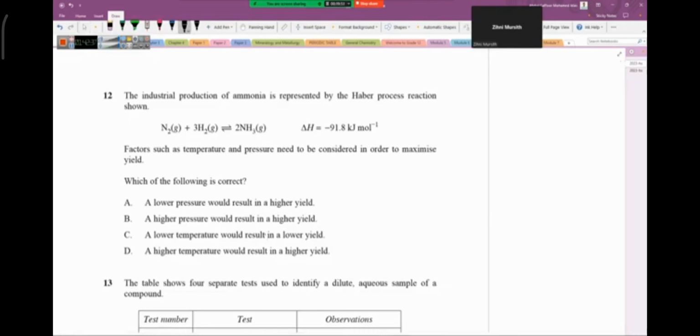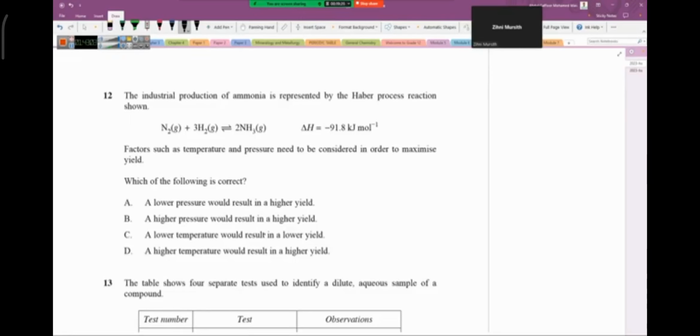So the industrial production of ammonia is represented by the Haber process reaction shown, right? Industrially we produce ammonia using the Haber process. Factors such as temperature and pressure need to be considered in order to maximize yield, right? Now they are asking how to increase the yield.